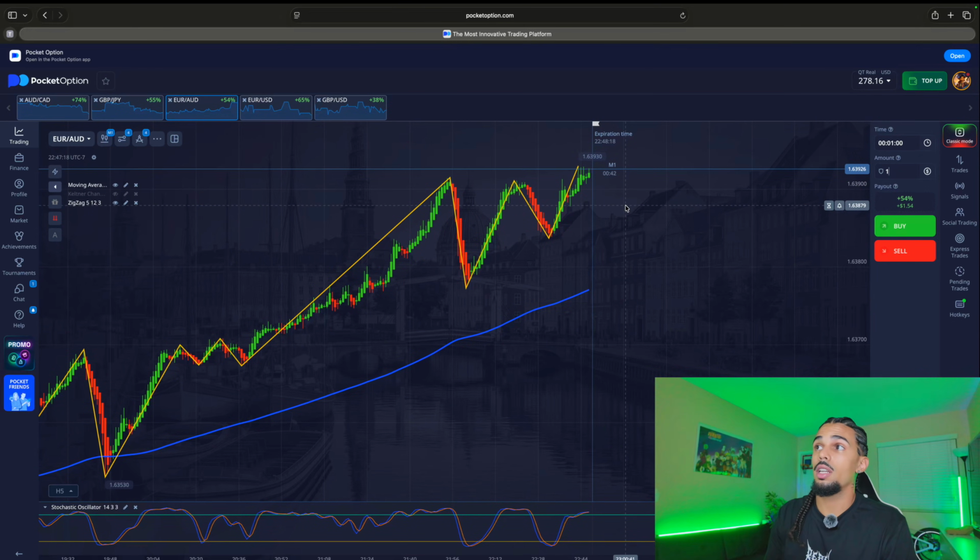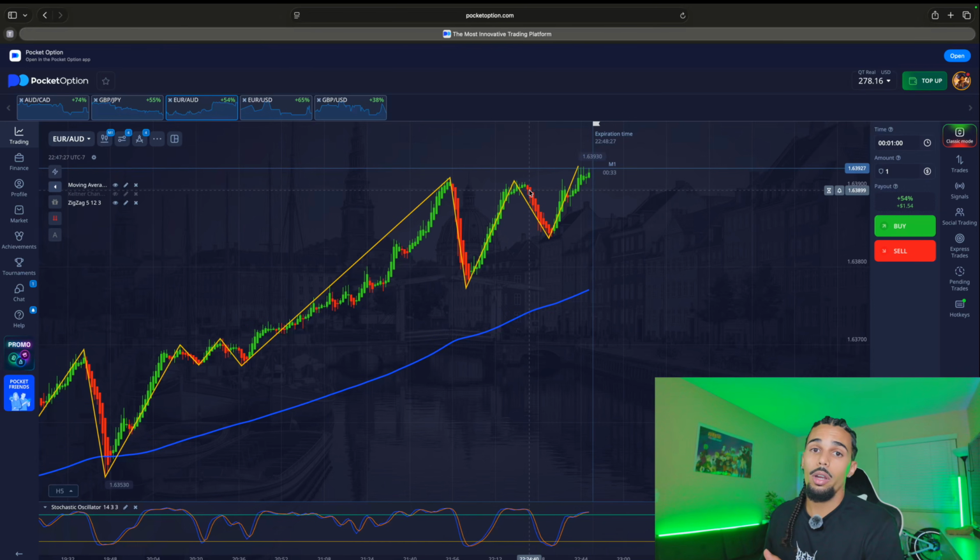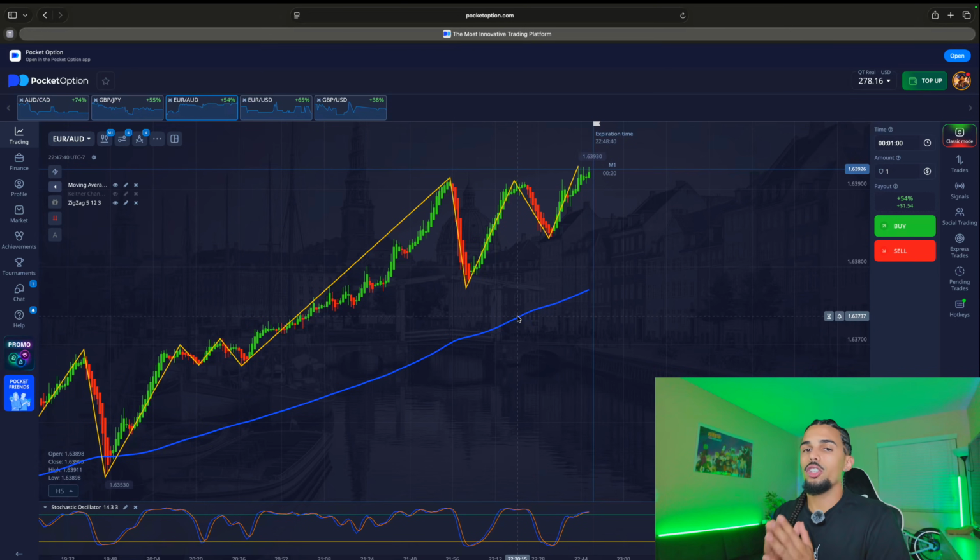As you can see, price is breaking through, holding up here at the stochastic, broke through the zigzag here, now creating a new market structure, a new zone, and it's rising on top of the 200 EMA, telling us don't sell in this market, continue to buy. The buyers are winning.